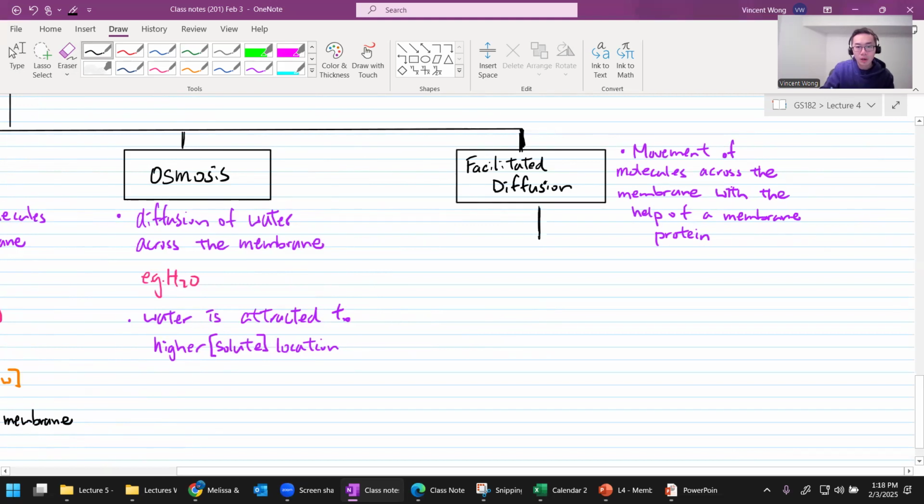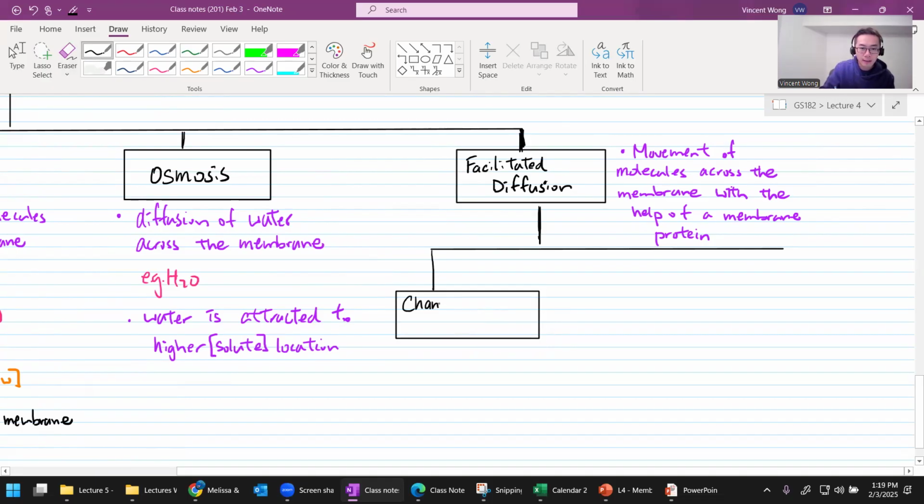And so there are 2 types of facilitated diffusion. Let's do this one first. This is called a channel protein. I'll describe it to you. A channel protein is used by charged particles, things that are positive or negative.